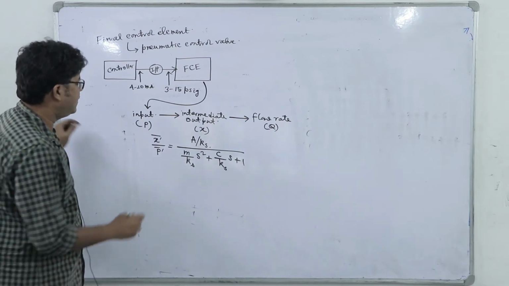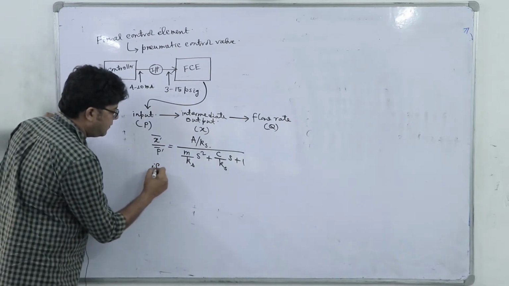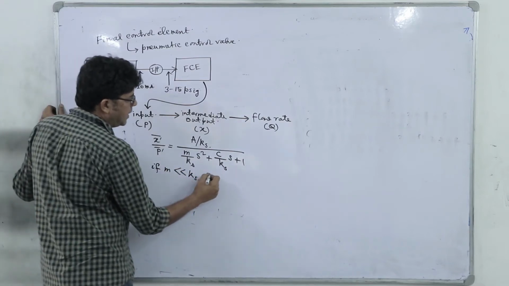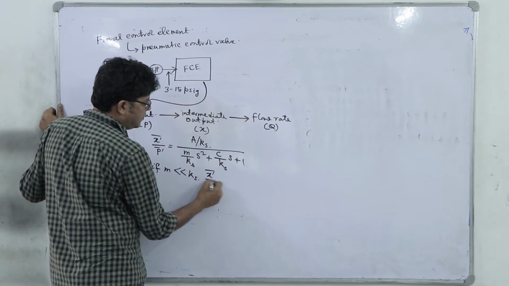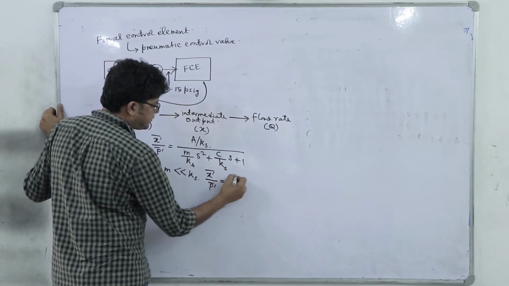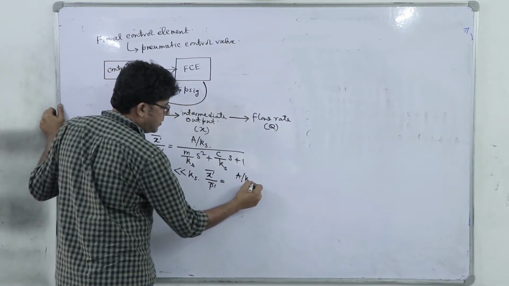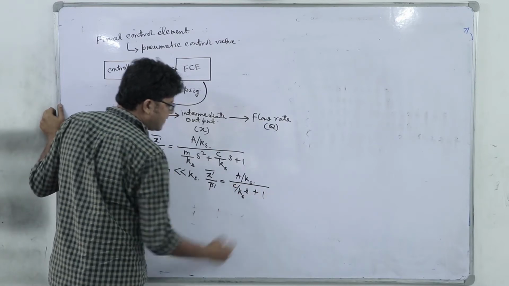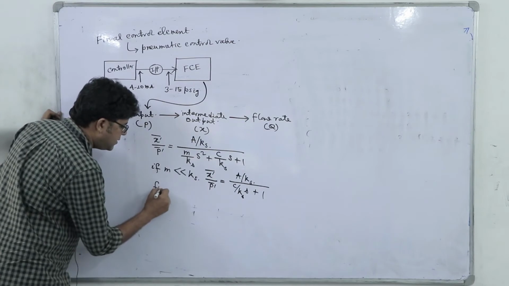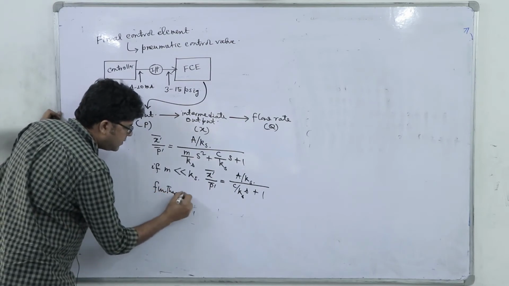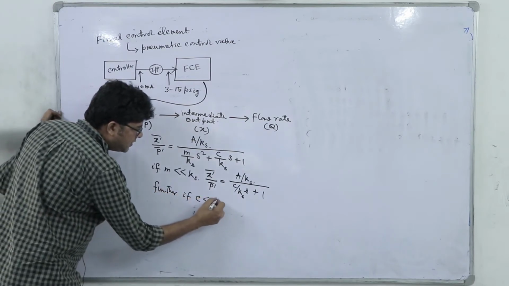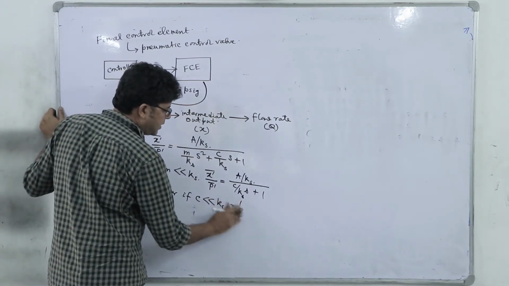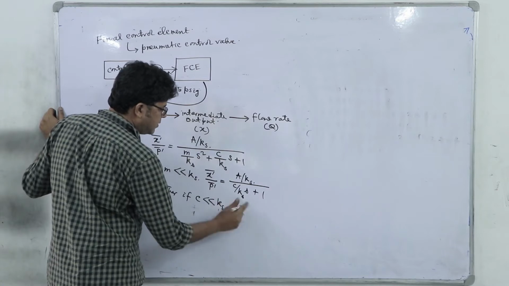But generally you see that if m is much less than Ks, we can approximate the transfer function as first order. Right. Further, if c is also much less than Ks, it becomes a pure gain. Right.